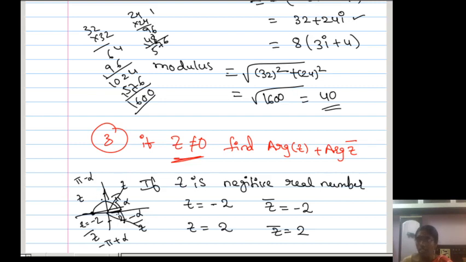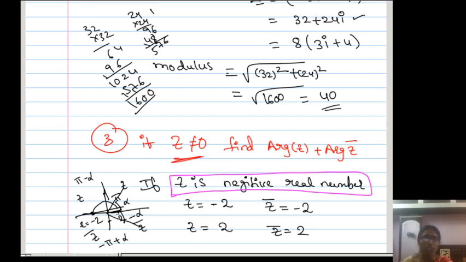What you are observing here, according to the geometrical explanation, is that z lies anywhere except on the negative real axis. You have to remember, except negative real number.